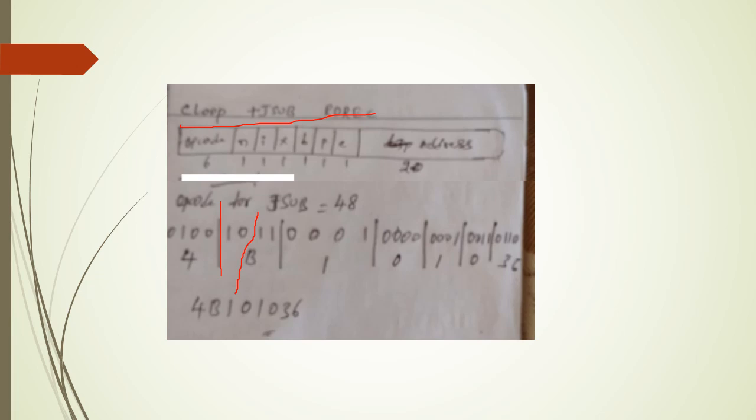Then group these digits: 0100 becomes 4, 1011 becomes B, then 0001 becomes 1. Then this is the address field 1036. So the object code is 4B101036 for the instruction CLOOP +JSUB RDREC, that is an instruction of format 4.